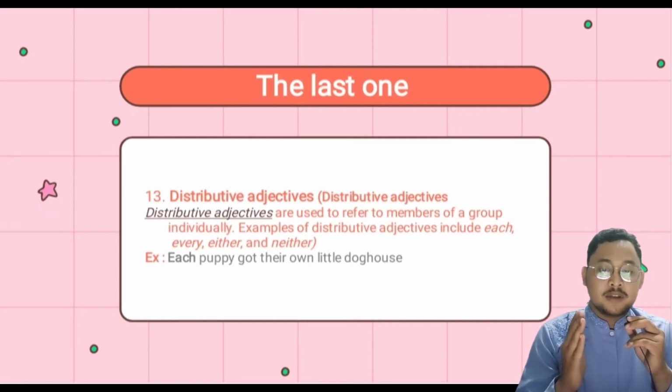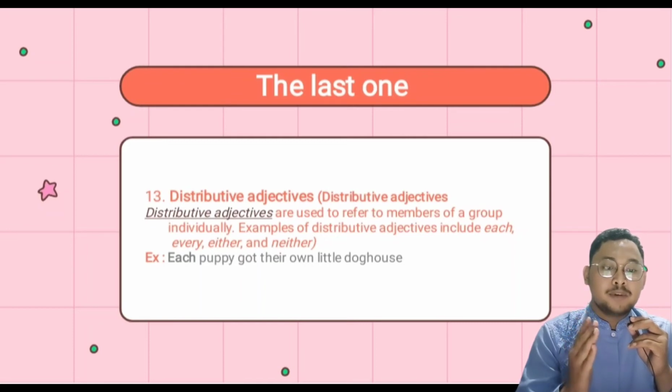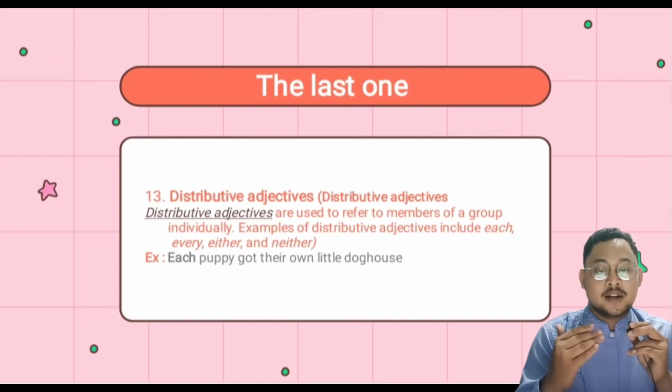Distributive adjectives are used to refer to members of a group individually. Examples of distributive adjectives include each, every, either, and neither. Example, each puppy got their own little doghouse.